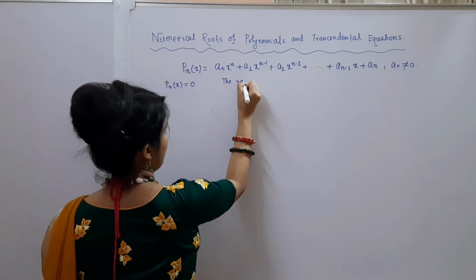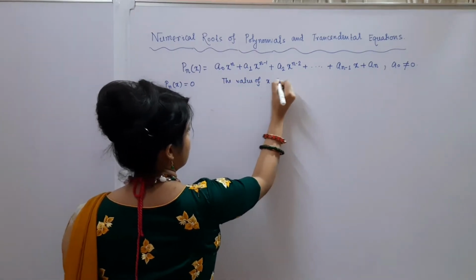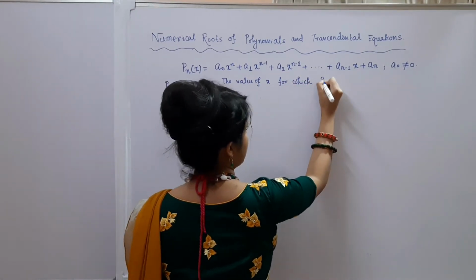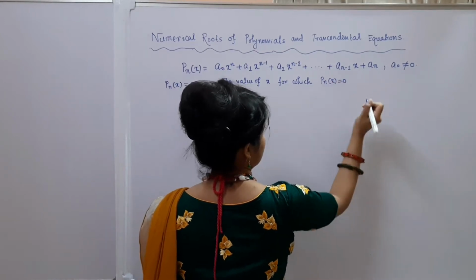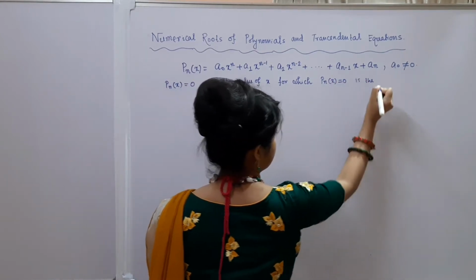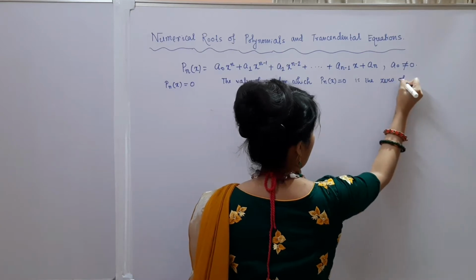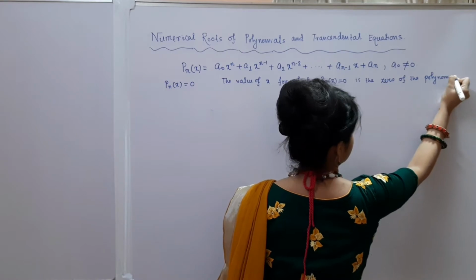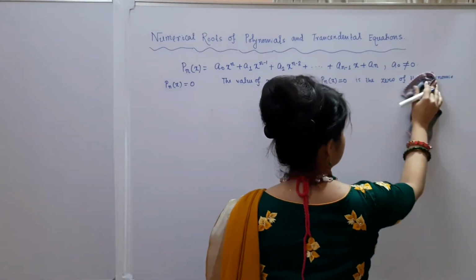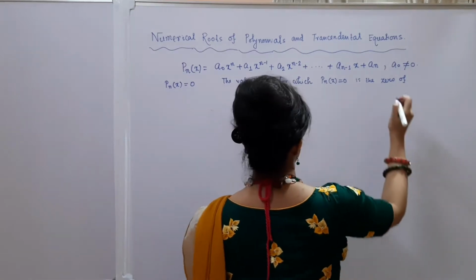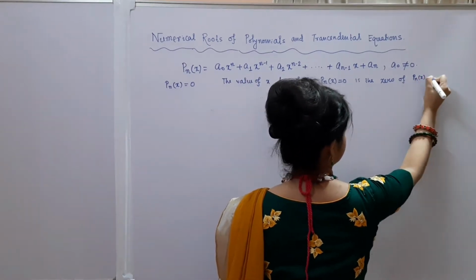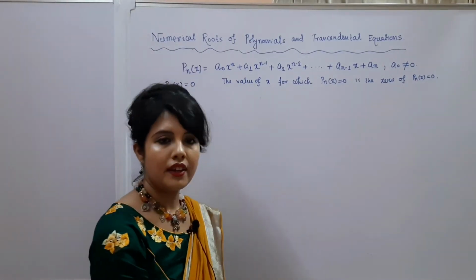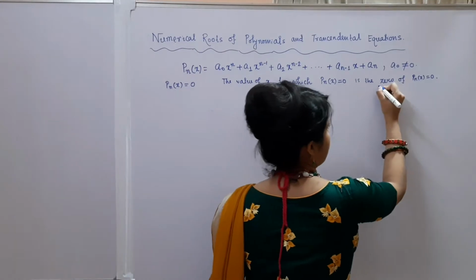The value of x for which Pn(x) = 0 is called the zero of the polynomial Pn(x).